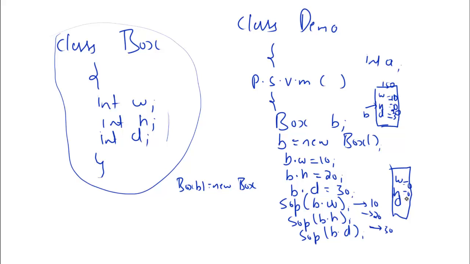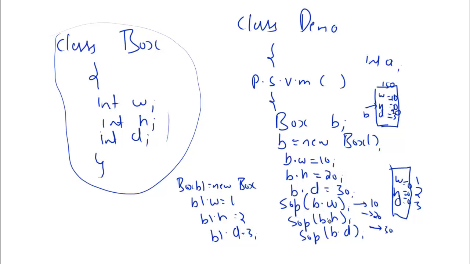The initial values will also be the same unless you update them. Now I am going to say B1.W is equal to 1, B1.H is equal to 2, B1.D is equal to 3. The values get updated to 1, 2 and 3 respectively inside this object.